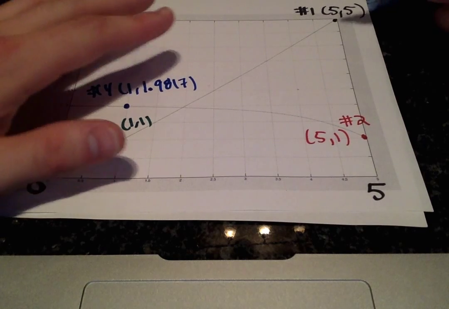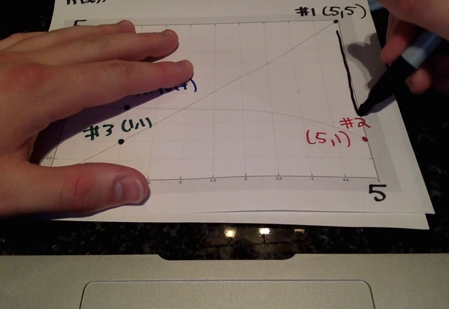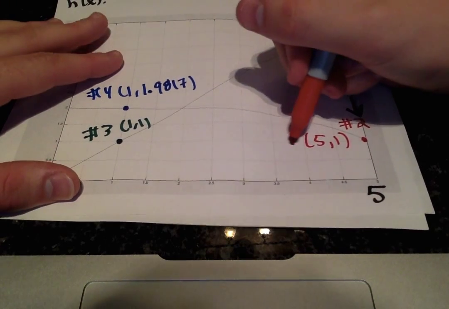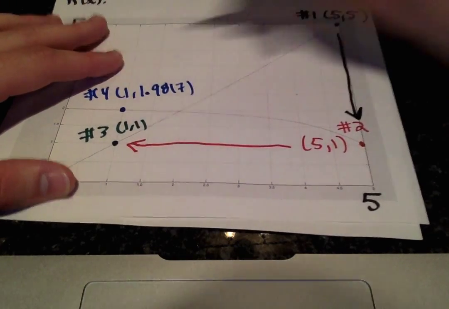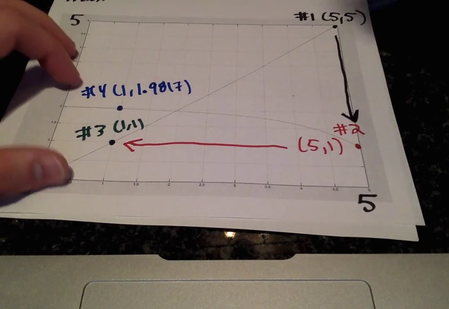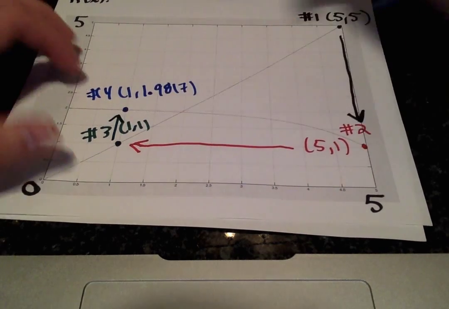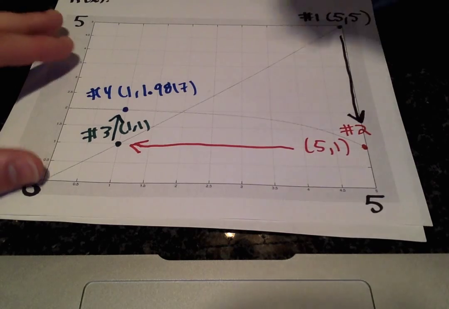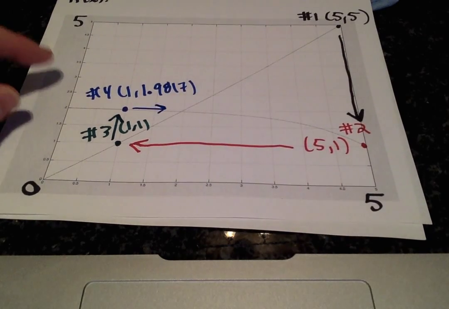So going from the first to the second point, we have our arrow right here. And going from the second to the third point, we have our arrow right here. Going from the third to the fourth point, we have our arrow right there. And if we were to draw another arrow, it would be in that direction.